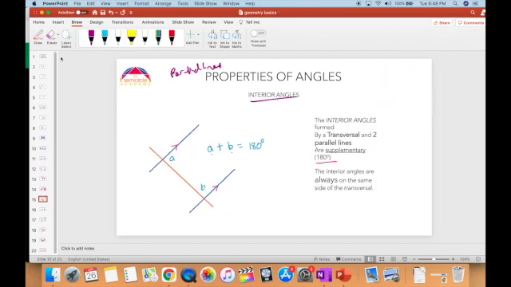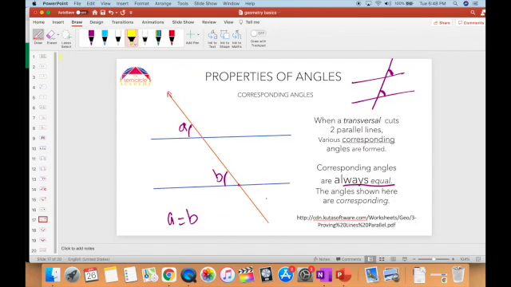Now at the end of the day, they're calling all of these things different things like interior angles and corresponding angles, but really and truly, it's just angles at a point, right? If you have this angle here, obviously it's going to be the same as this one, because this is vertically opposite to this. That means these two are equal, and that means this will correspond with this one.